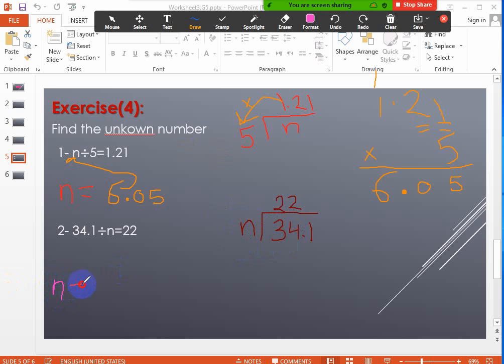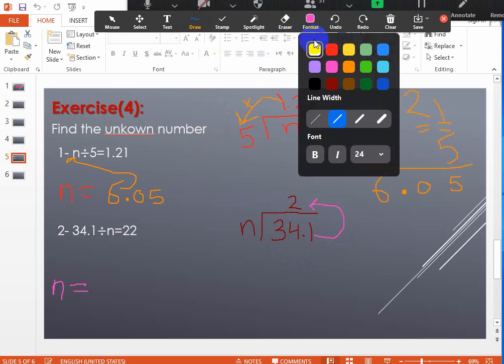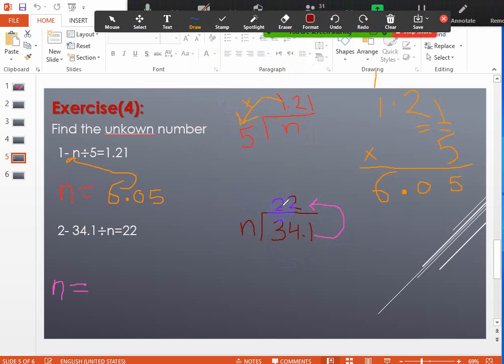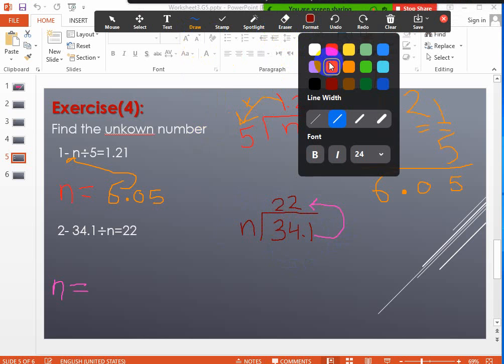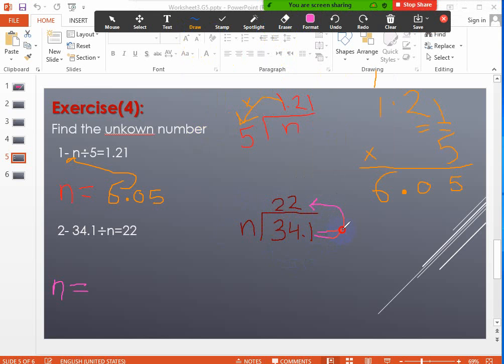Why? Because from the same lesson, when I have the divisor as an unknown number, I have to divide the dividend by the quotient to find the divisor.